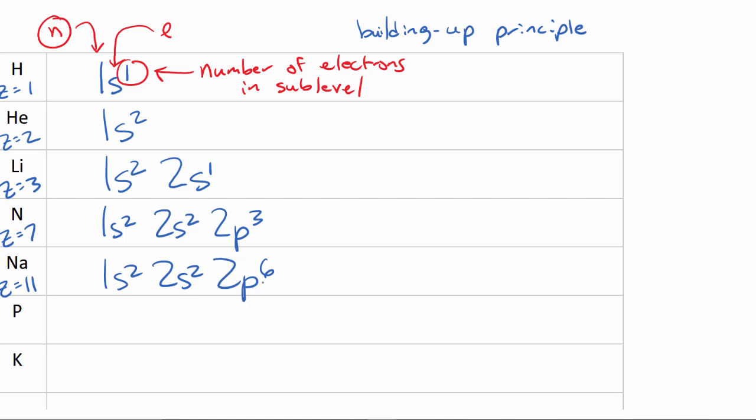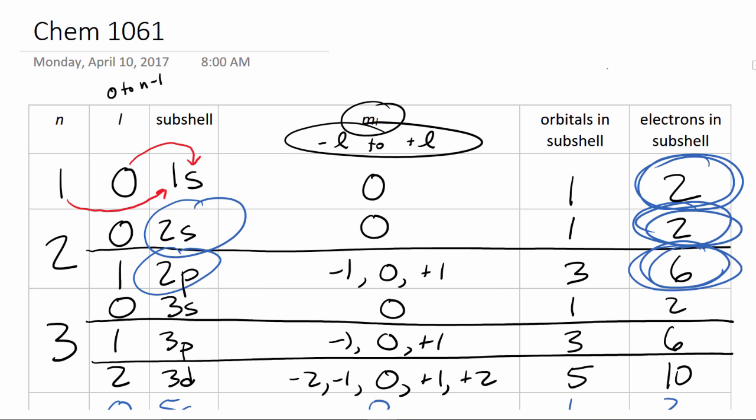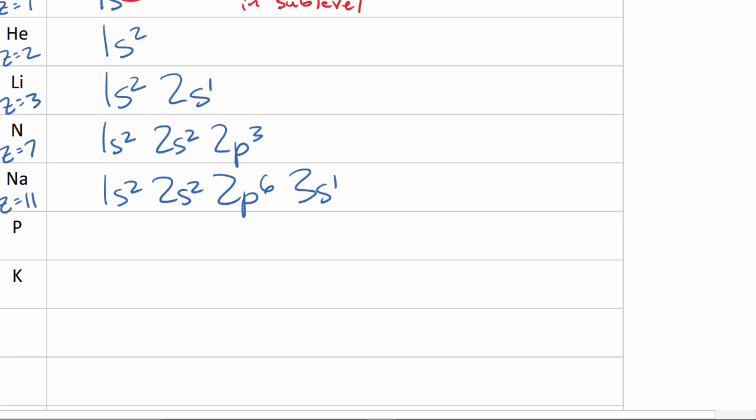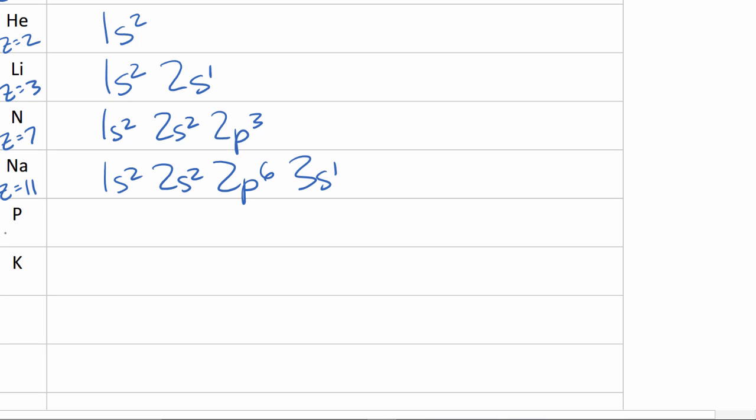Now how many have we accounted for altogether? 10. And we need one more. That next one is going to go into the 3s sublevel. So then we'd end this with 3s1. Now there's a reason why we're looking at this many. Just bear with us.